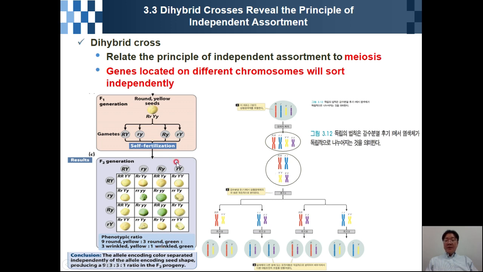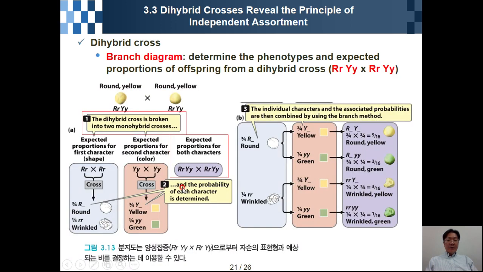This is very difficult to calculate, but if you use the branch diagram, it's very easy to determine the phenotypes and the expected proportion of offspring from a dihybrid cross.